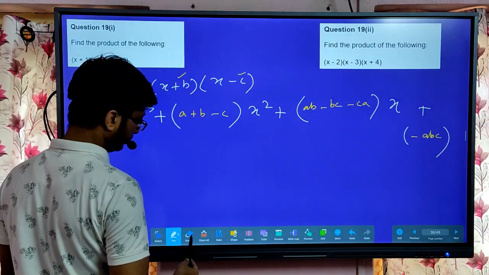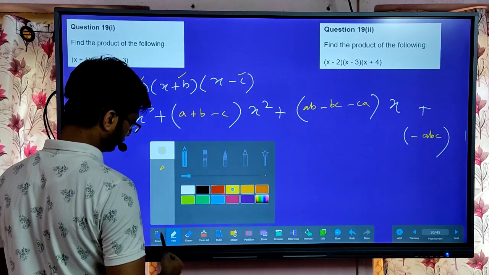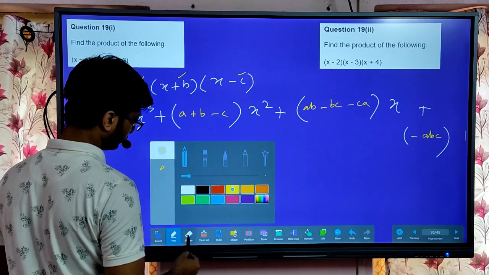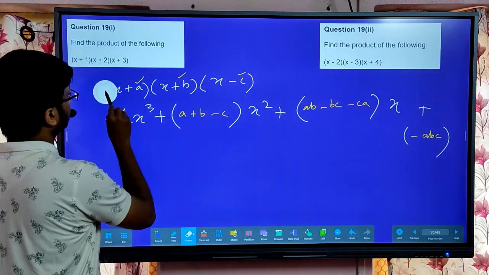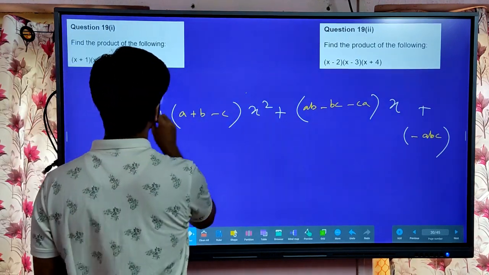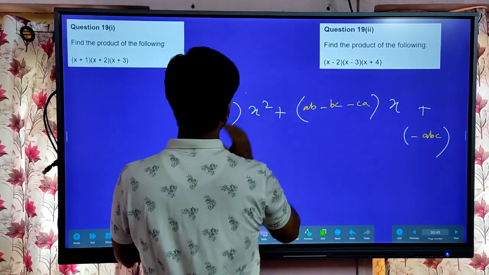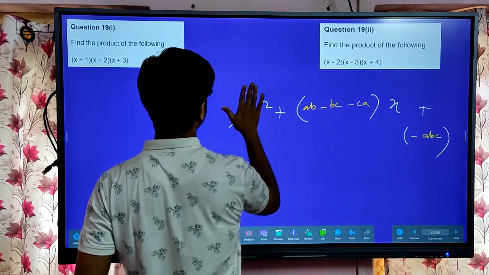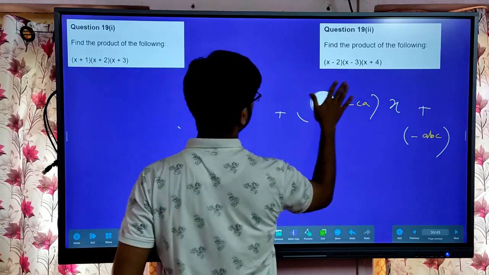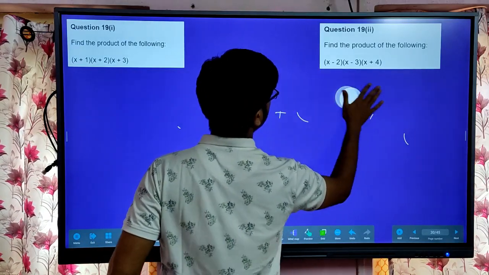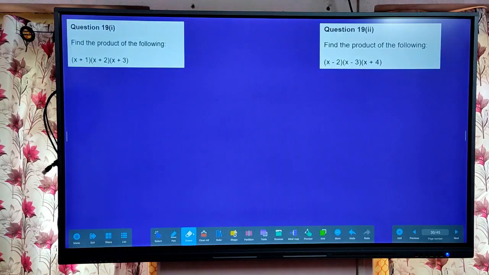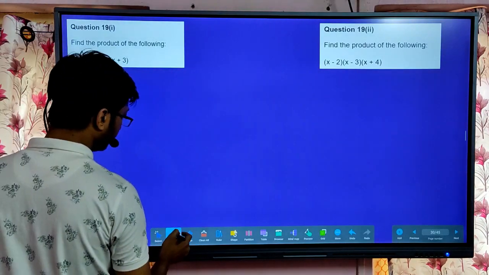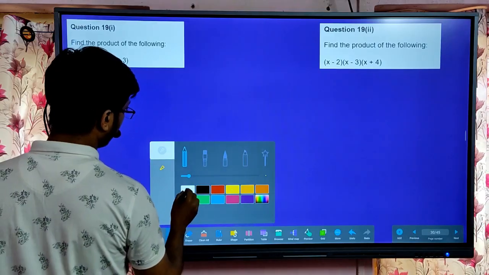So we'll remove this and let me see how we can do it.